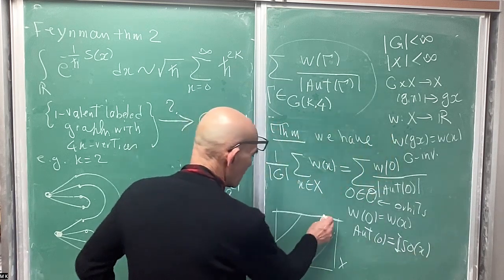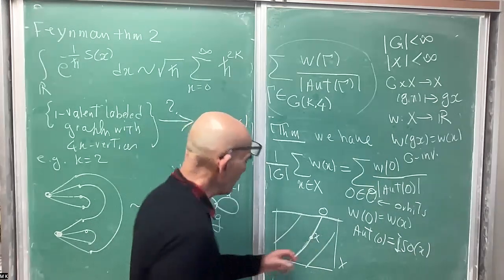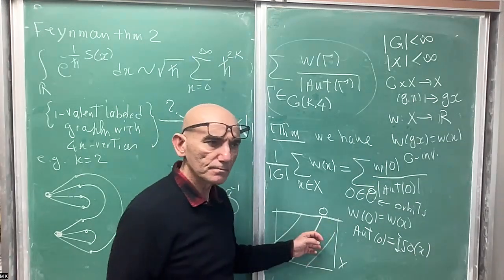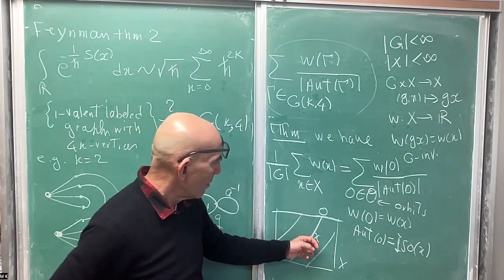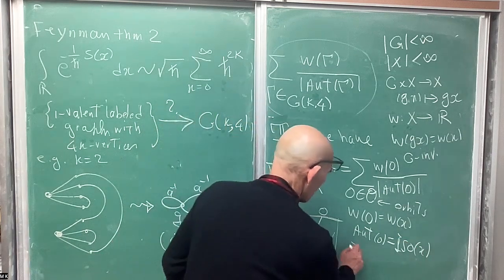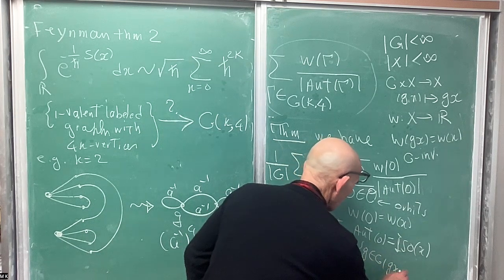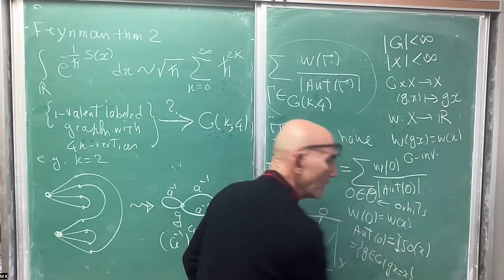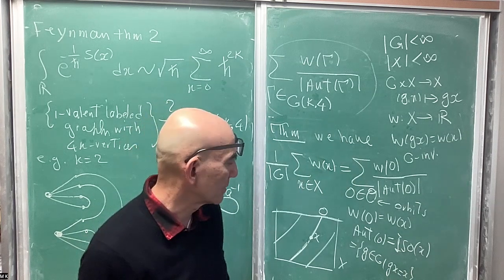So for each x in the orbit, we just look at the isotropy group of that x. This is the set of all g belonging to G that fix x, the isotropy group of that little element x.